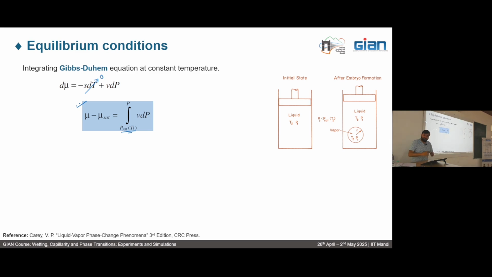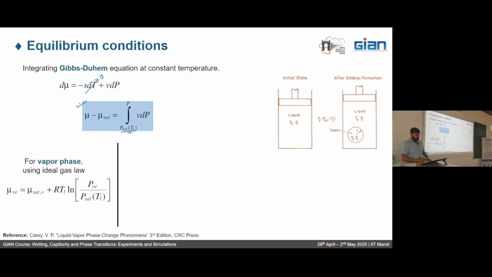Now we know that in our system we have both vapor and liquid. So let us find out what would be the mu for the vapor phase and what would be the mu for the liquid phase. Here we are considering an assumption that the vapor follows the ideal gas law.